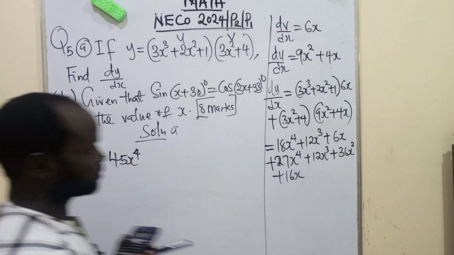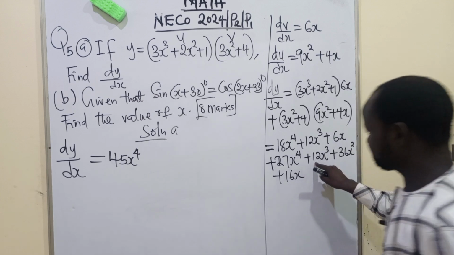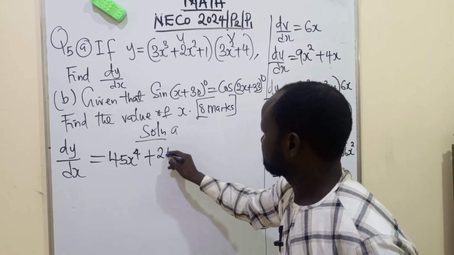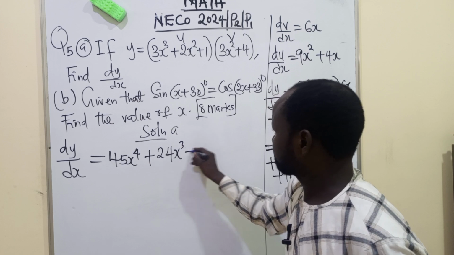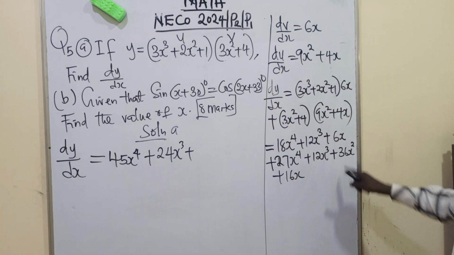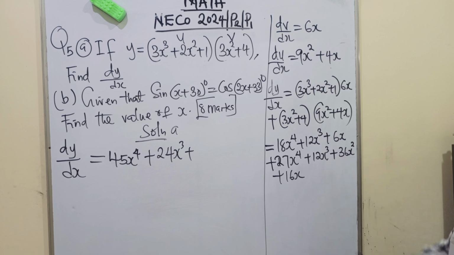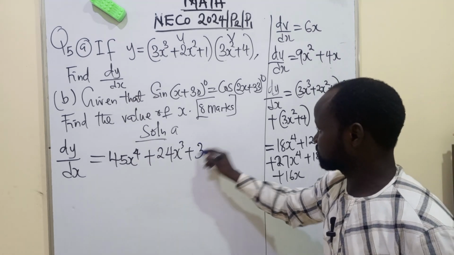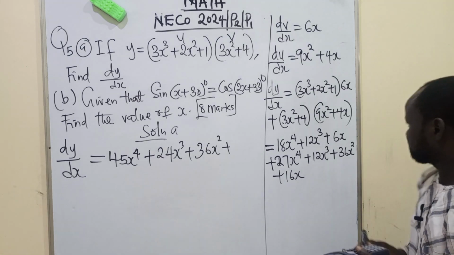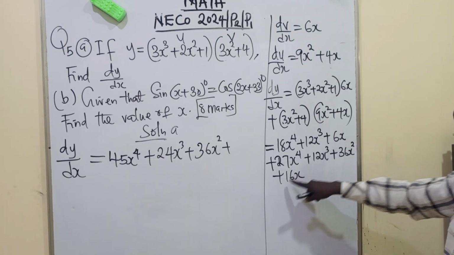We move to x power 3: 12 plus 12, that will be 24x power 3. We move to x squared now: those with x squared is only 36, so plus 36x squared. Those with x, we have plus 6x, then plus 16.